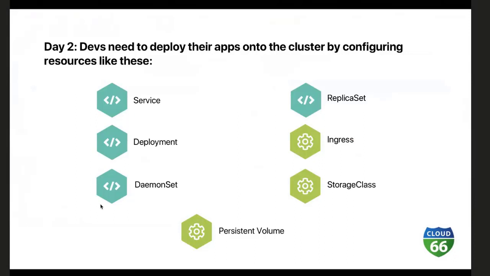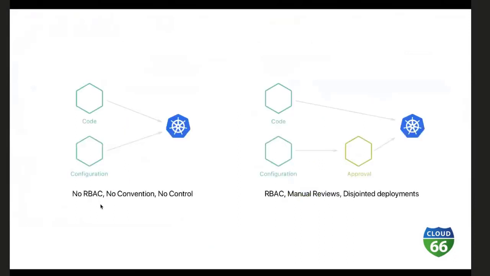Now, there are setups out there like RBAC, role-based access control, that Kubernetes provides that can help us as operators of Kubernetes clusters to stop people that we don't want to give access to from accessing some of those resources. But that then creates another challenge.